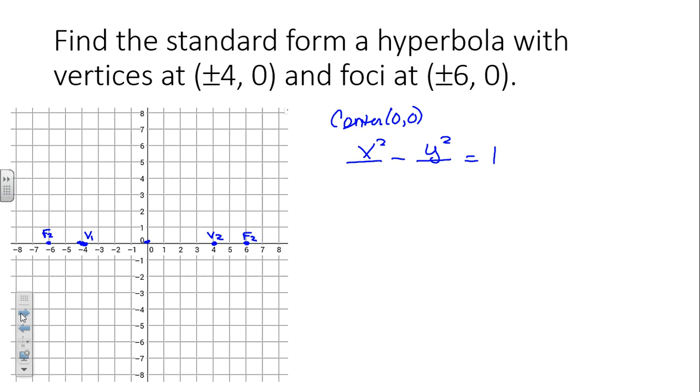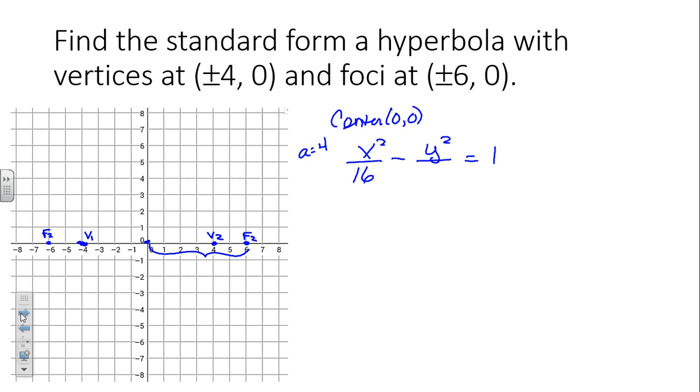What else do we know? The a is 4, so a squared is 16. What else do we know? What's c? It's not the distance between the vertex and the foci, it's the distance from the center to the foci.